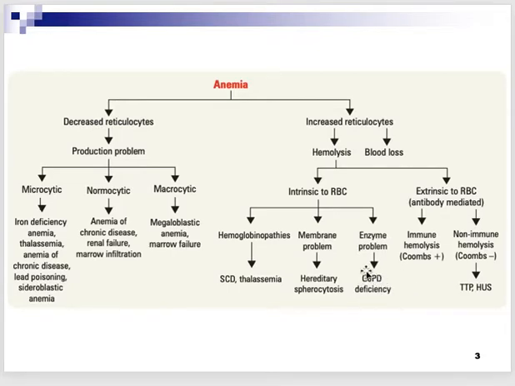These patients are completely normal, but whenever they are under oxidative stress, like taking drugs such as antimalarials, sulfonamides or nitrofurantoin, or they have infections, they present with hemolysis. Their RBCs get broken down.